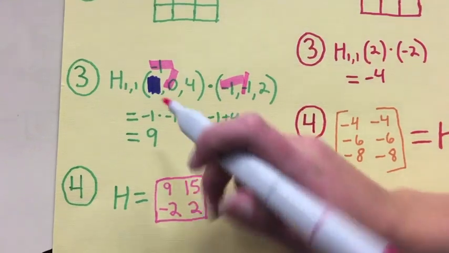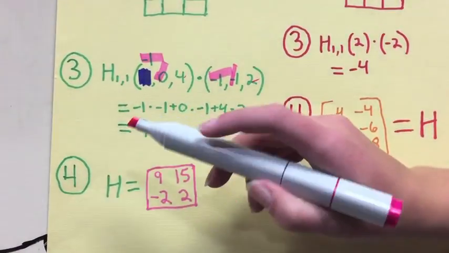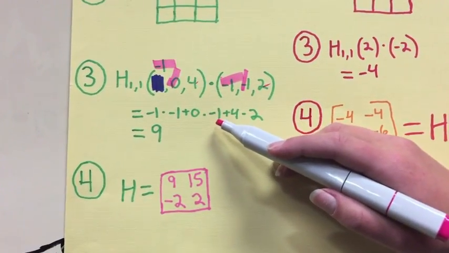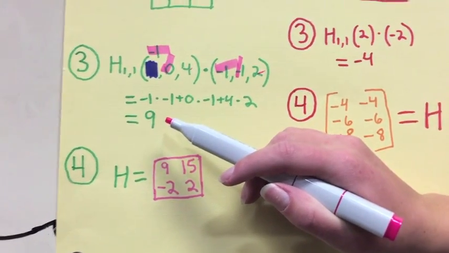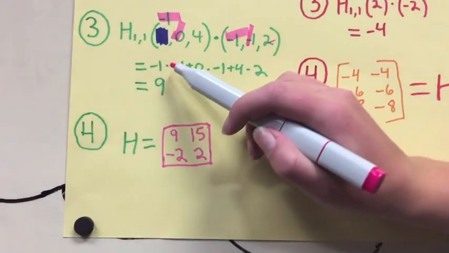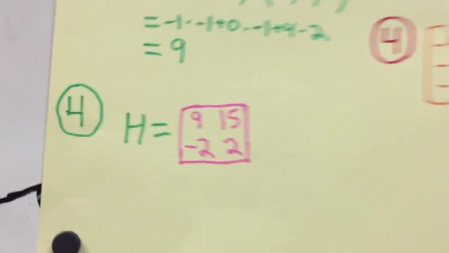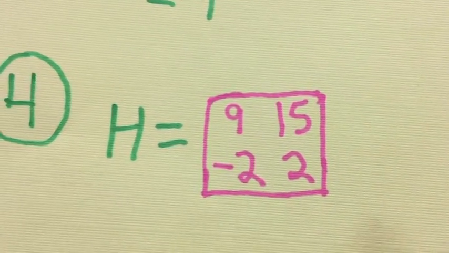Then we add the third and final number in each parentheses, 4 and 2. So we have -1 times -1 plus 0 times -1 plus 4 times 2. We know -1 times -1 is 1, 0 times -1 is 0, and 4 times 2 is 8. So 1 plus 8 is 9. And that is H11, which goes right here in our matrix.